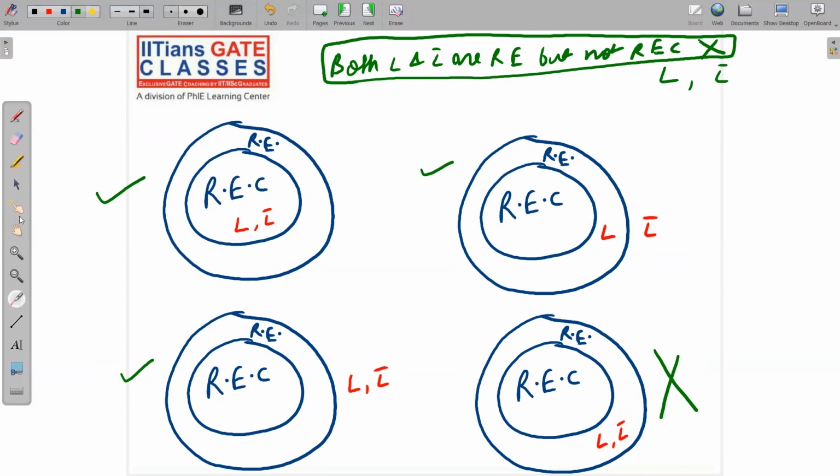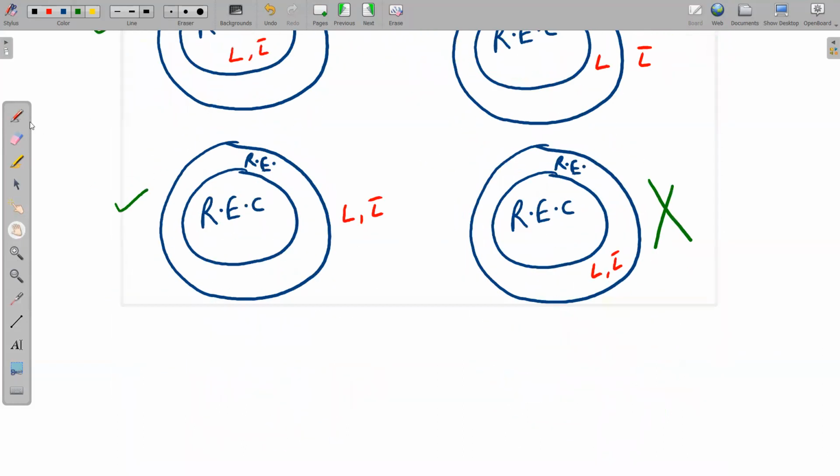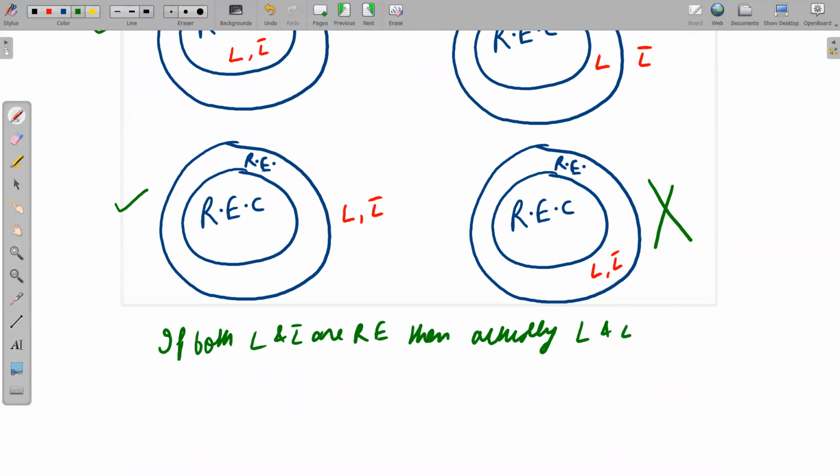Let me write this line also: if both L and L bar are RE, then actually L and L bar must be REC. So this is indirectly a hint to you that if a question says L and L bar are RE, you will say that L and L bar must be REC.